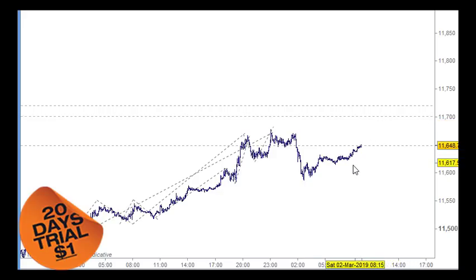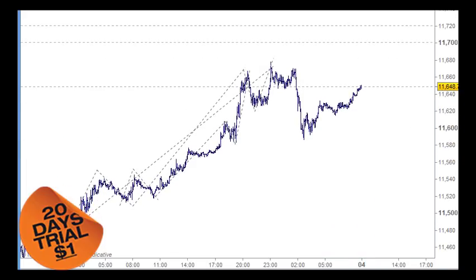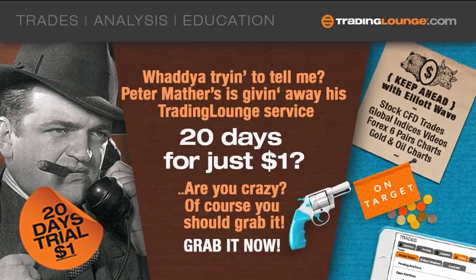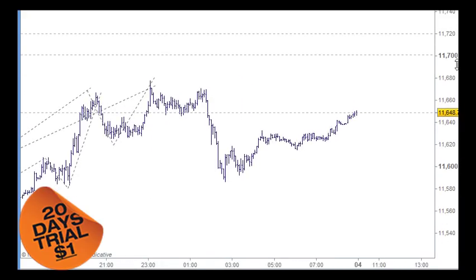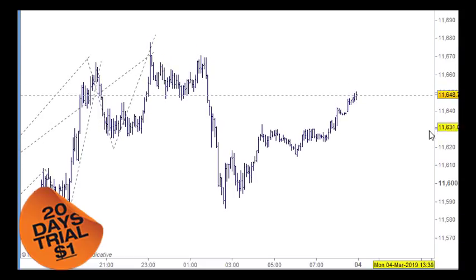Okay. If this market drops below this point here, then okay, I just got to double check that. Now it looks like 5 waves up, but 1 and 2, 1 and 2 and 3 and 4 and 5.